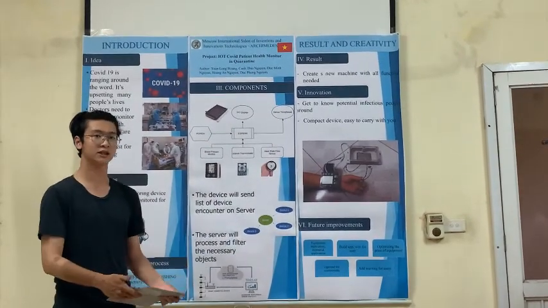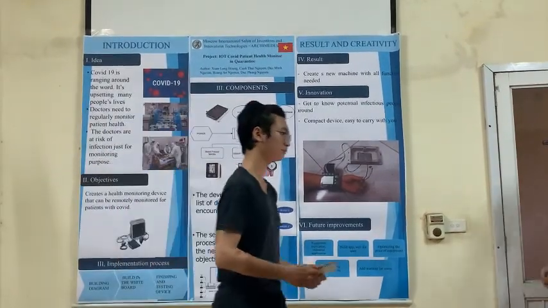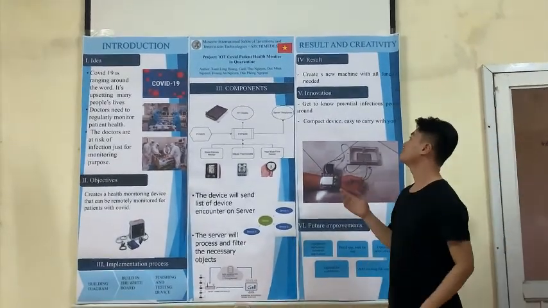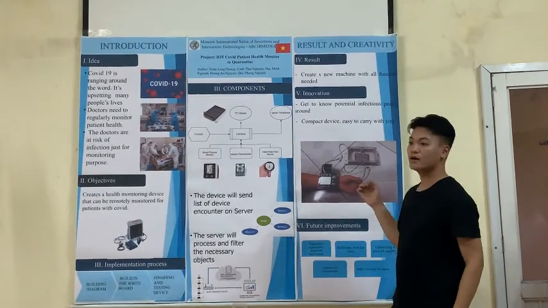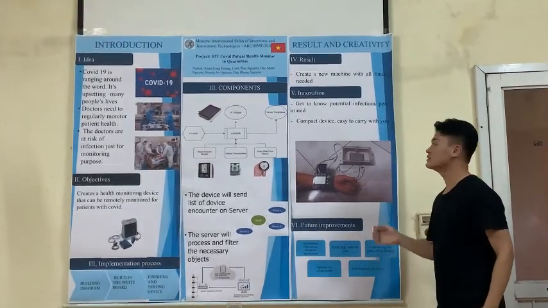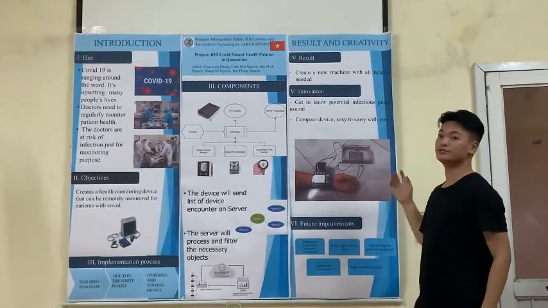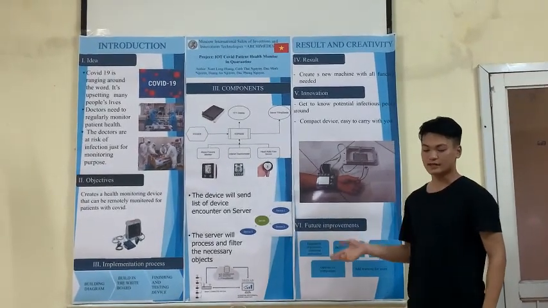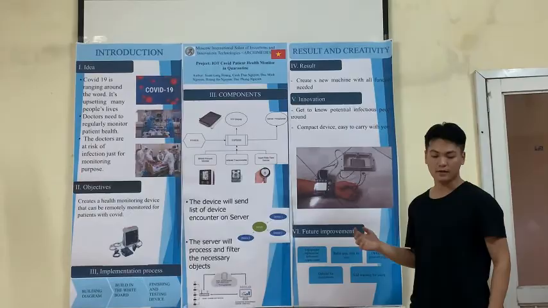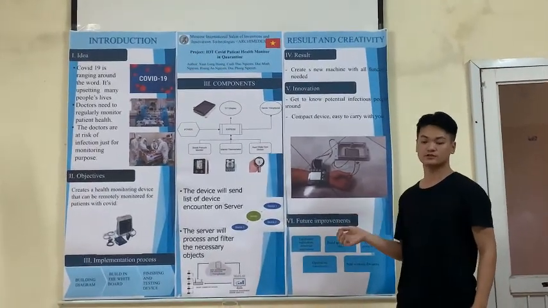Let's talk about the innovation. Yeah, about innovations. We want to get to know about potentially infected people around. This device is a compact device, easy to carry with you. Second, it transmits data over the internet using Wi-Fi by connecting to a Wi-Fi internet connection.